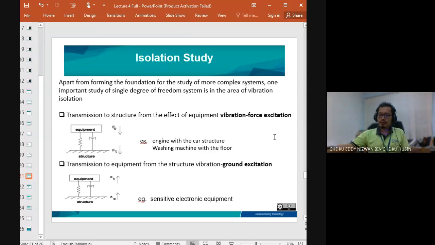So basically, the isolation is we want to isolate the vibration motion from being transmitted to the other structure.